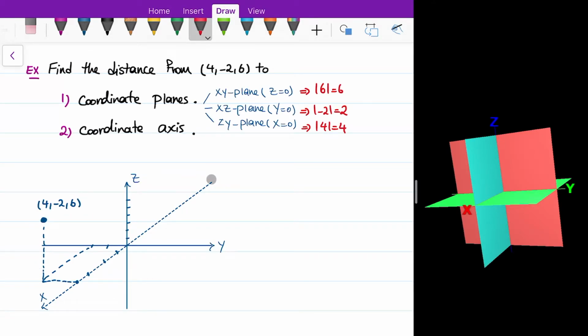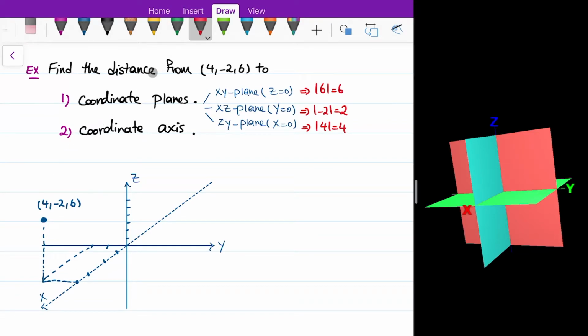To the xz plane in here, it would be the absolute value of -2 because it goes along the y-axis, and then to the yz plane would be the absolute value of the first coordinate, this distance in here, which is the absolute value of 4.